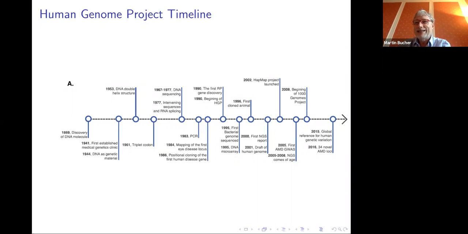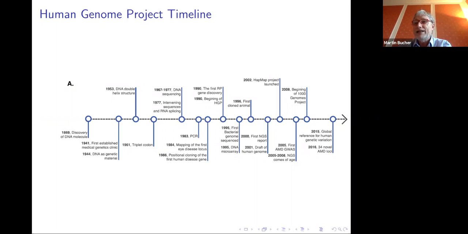And like mobile phones, there's new technology where the goal is to be able to sequence ever longer segments. So that project was completed.